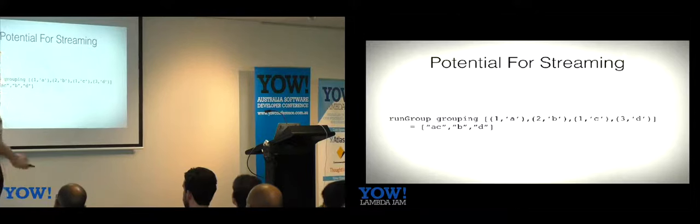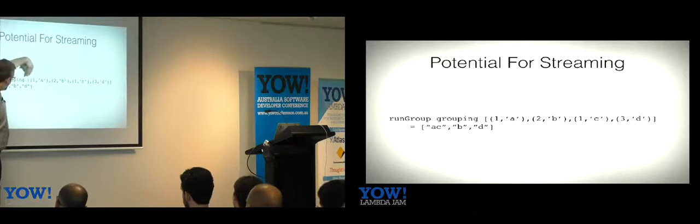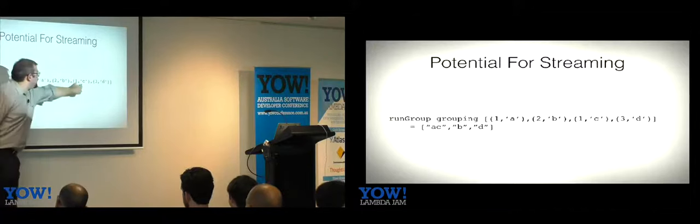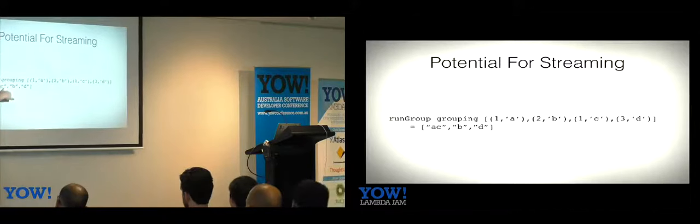And the key here is, again, we have this potential for streaming. So if we had something where we're grouping integers, we're going to see that the first group starts with an A. I don't know how many elements it has in it. I don't know how many other equivalence classes there are. But the moment I've seen this element, I know that I have one equivalence class and it starts with A. The moment I see this element, I know that I have another equivalence class and it starts with B. The moment I see this element, I know that the first equivalence class now has an extra element in it.